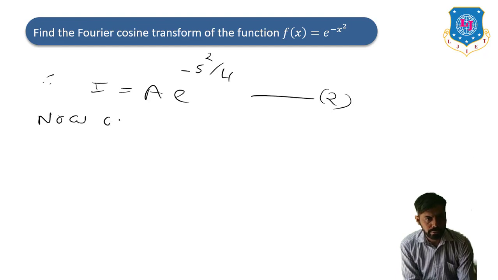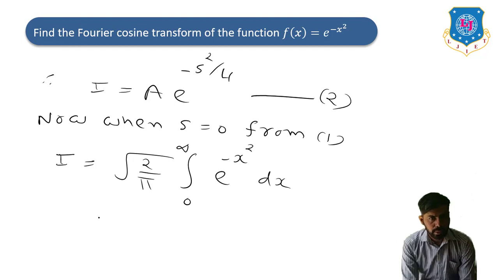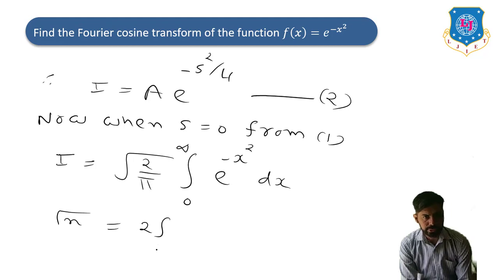Now when s is equal to 0, then from the first result we can say that I is equal to square root 2 by pi integration 0 to infinity e raised to minus x square dx. Now here from the definition of the gamma function we know that gamma of n is equal to integration 0 to infinity e raised to minus x square into x raised to 2n minus 1 dx.